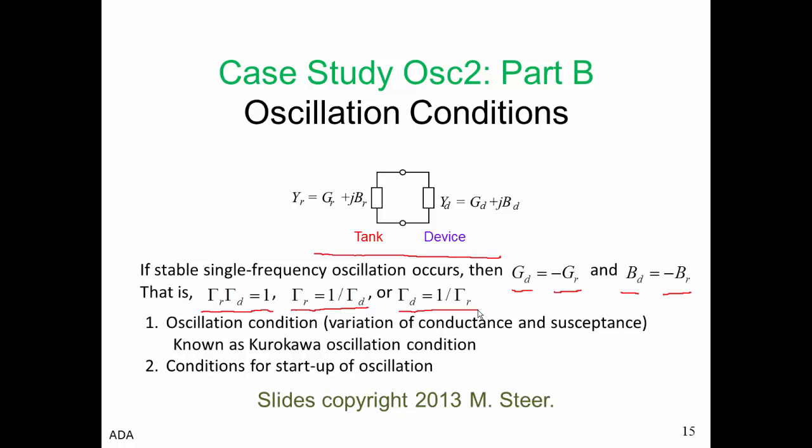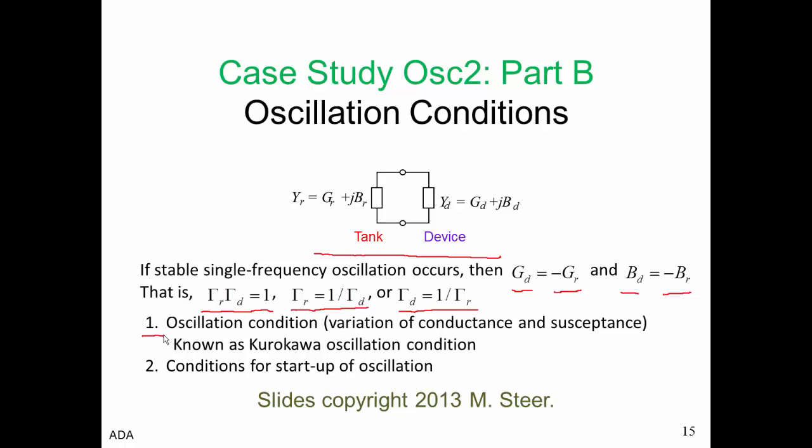However, those conditions are not enough to ensure that we do have stable single frequency oscillation. We could have unstable oscillation, more of a chaotic behavior, or we could have multi-frequency oscillation. And so our oscillation conditions are in two parts. There is an oscillation condition, our first part, and we will talk about this in terms of variation of conductance and susceptance.